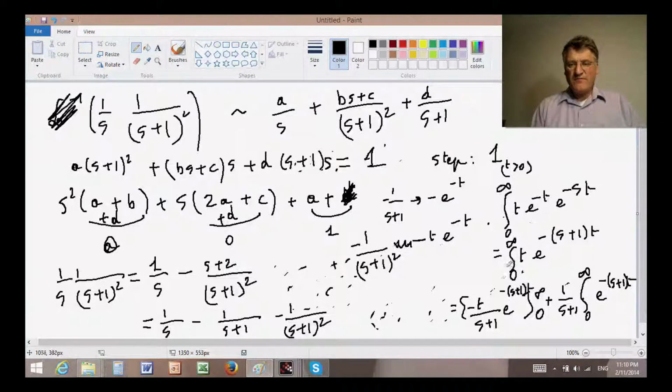Okay, so what we get is that this is indeed 0, and this is indeed 1 over (s plus 1) squared. So this is correct.